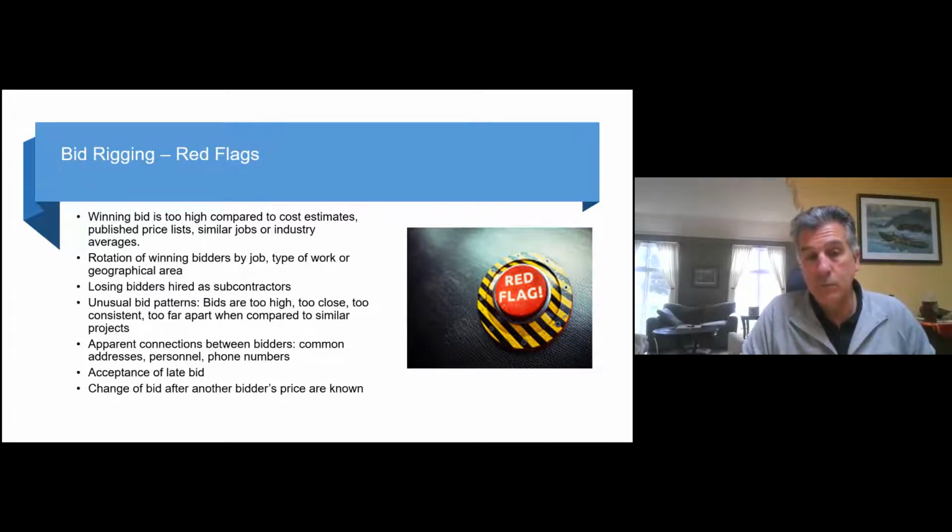Again, I'm calling on you guys who are in the field and do enough of these. Some of this should jump out at you. Apparent connection between bidders, such as common addresses, common personnel, and common phone numbers. Acceptance of a late bid, or a change of bid after another bidder's price is known.